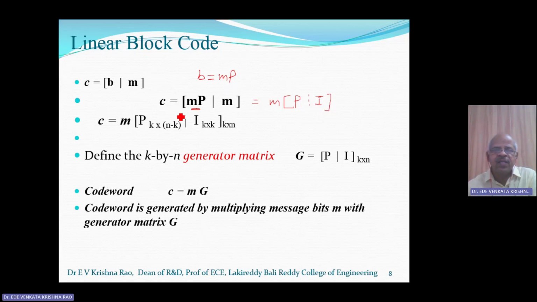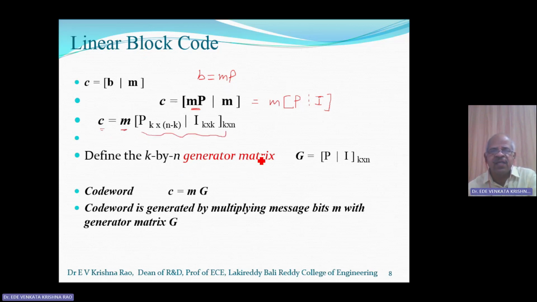Here, the parity coefficient matrix is of order K by N minus K, and the unit matrix is a K by K matrix. The K-bit message gives the K by K matrix, and the parity coefficients are N minus K bits for K by N minus K. So this is the code word generated by multiplying the message bits with this matrix.